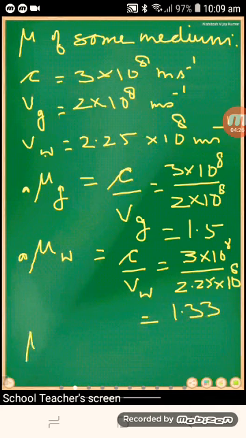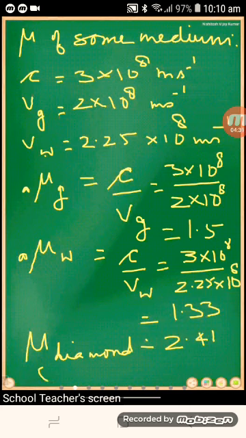Similarly, the refractive index of diamond happens to be the highest one, it is 2.41, and we know that the refractive index of diamond is highest for any material.